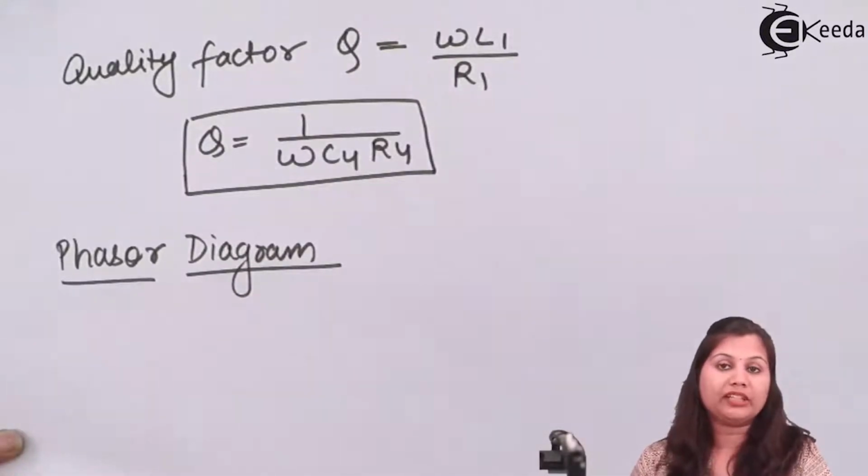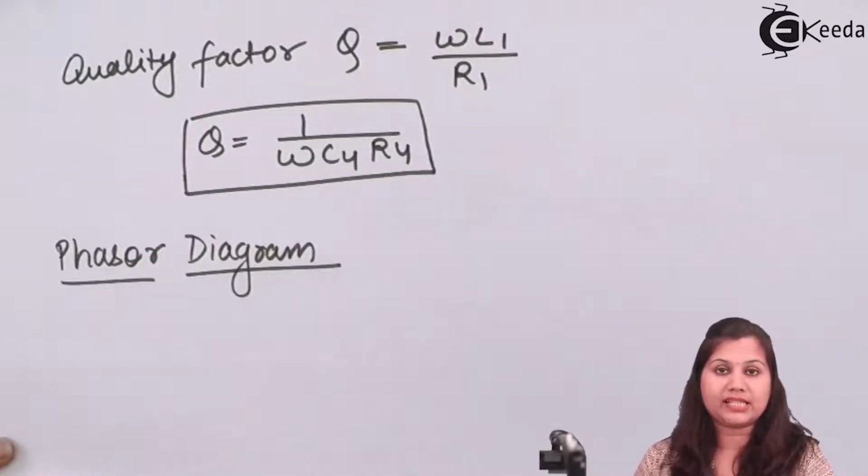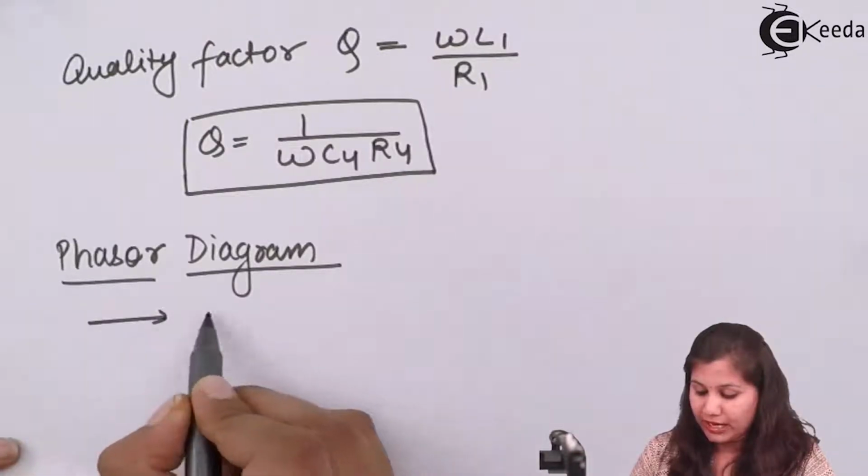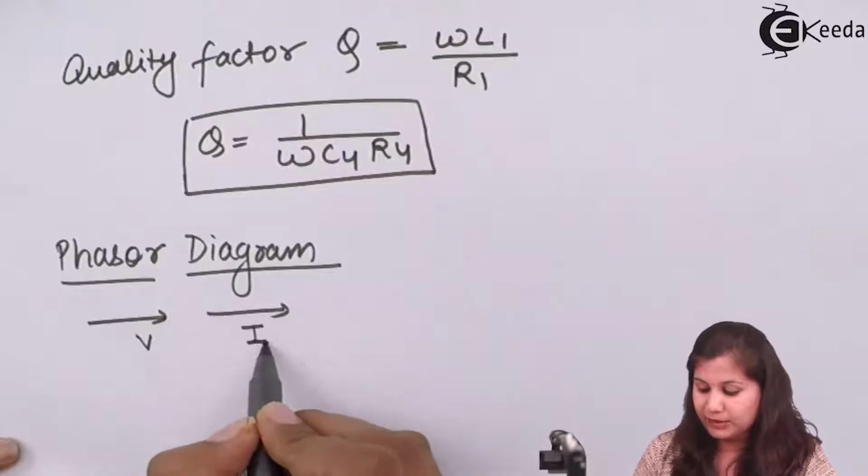Here we have three types of elements: resistance, capacitance and an inductor. Across the resistance, the voltage and the current are in the same phase with each other.